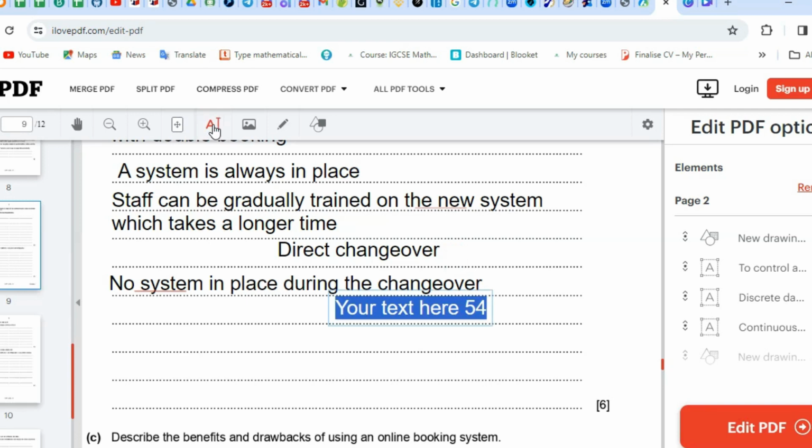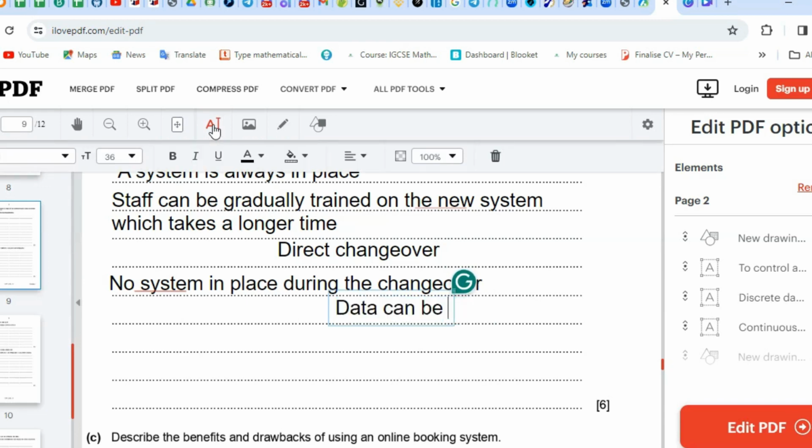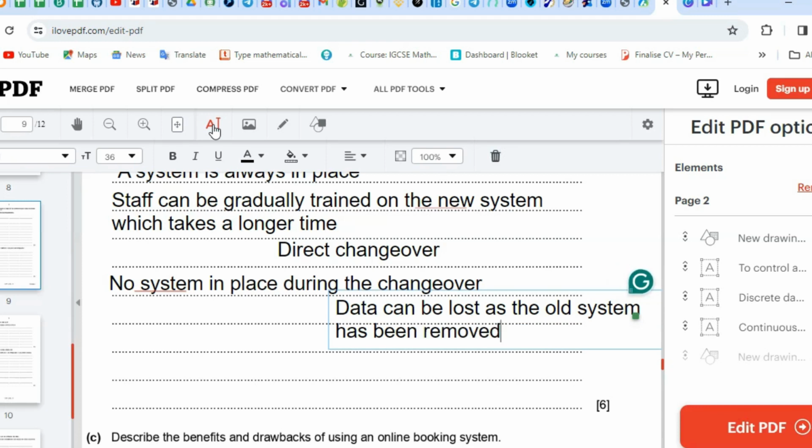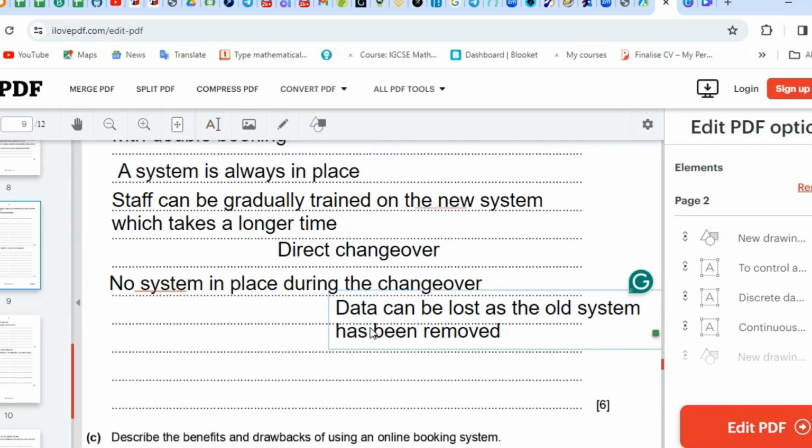Data can be lost as the old system has been removed. So there can be a loss of data during the changeover because the old system has been removed.